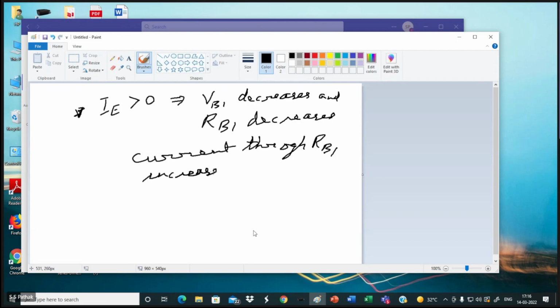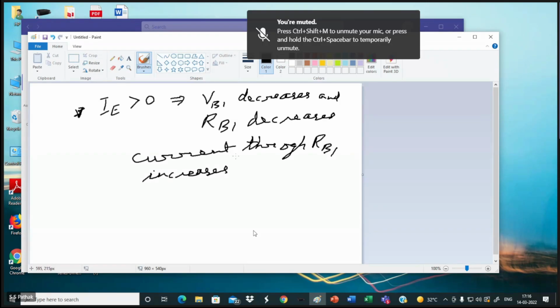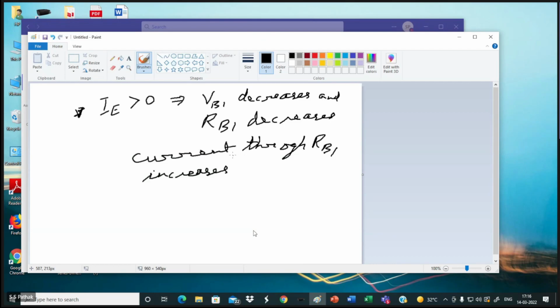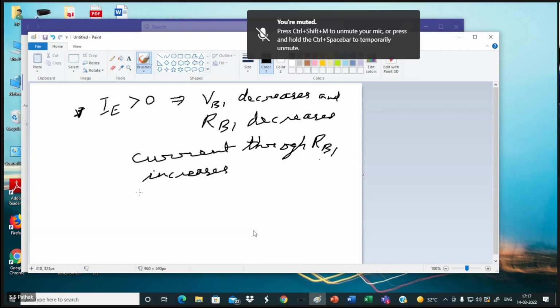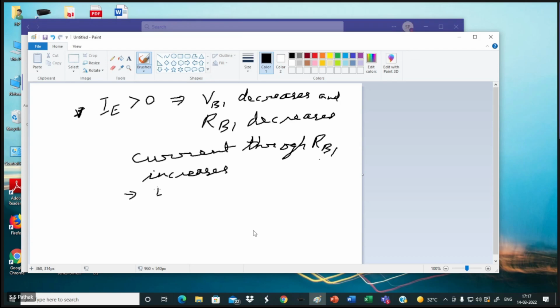If resistance is decreasing, the current through the low resistance is higher. So current through RB1 is increasing. So remember, my IB2 becomes approximately equal to 0 when saturation is achieved.